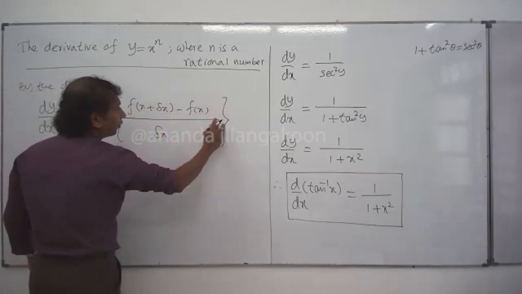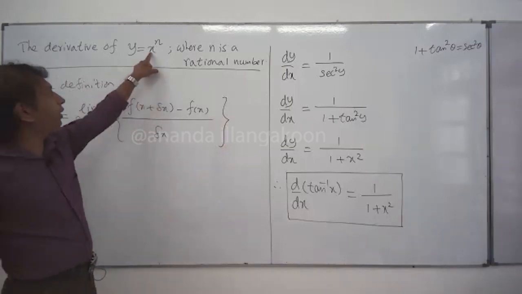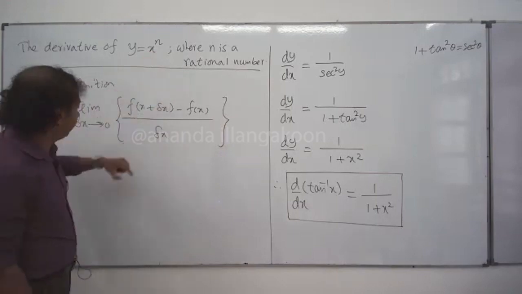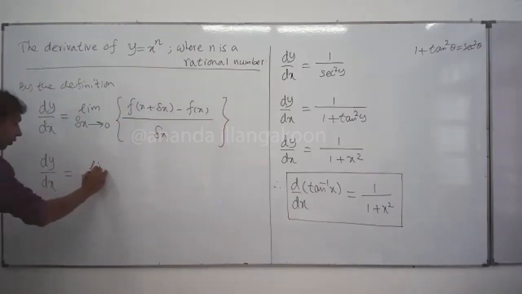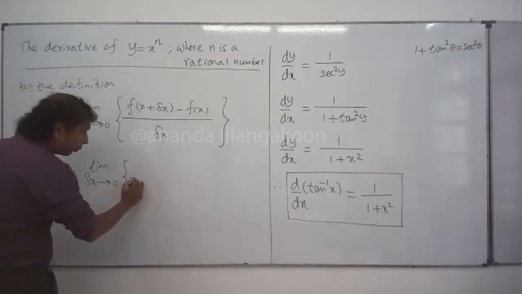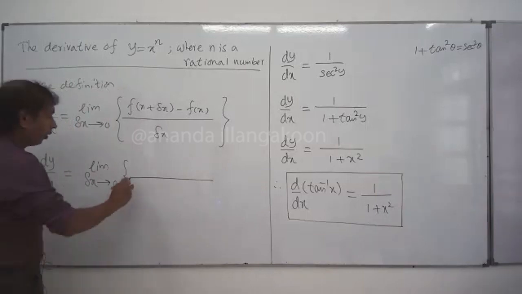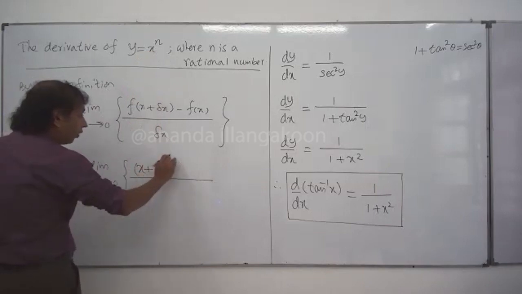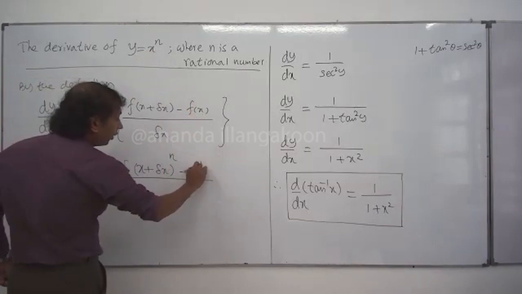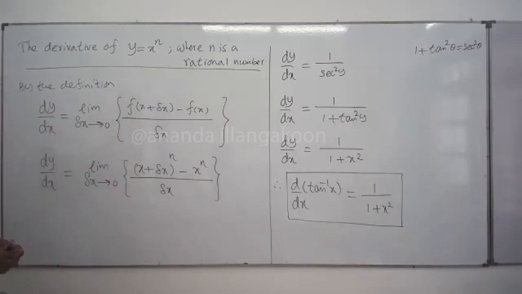In f(x plus delta x), on the right hand side every x is replaced by x plus delta x. So we get dy by dx equals the limit as delta x goes to 0 of (x plus delta x) to the power n minus x to the power n, divided by delta x.